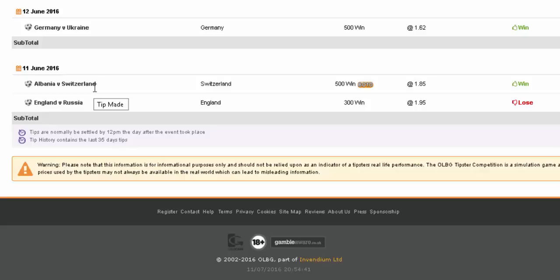So in general, you want to stay away from derby matches, or you can't have a very strong favourite in a derby match, is what I mean. But at least then I was feeling better, because it was a bigger bet on the Albania Switzerland than the England match.